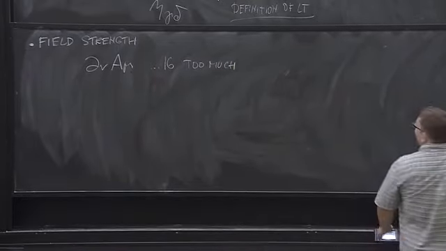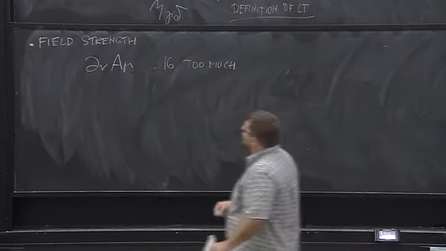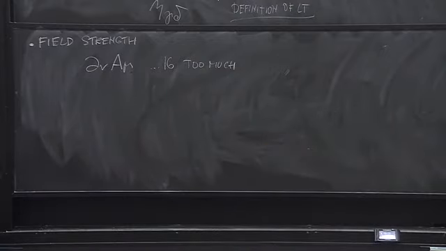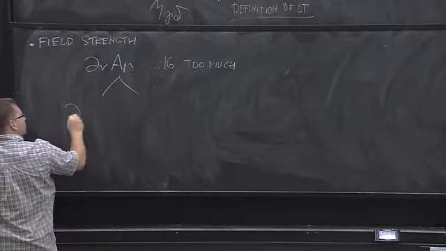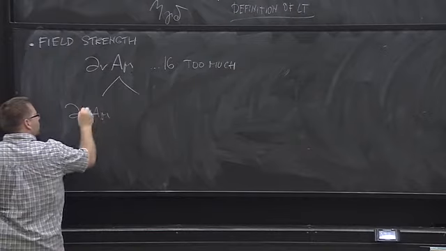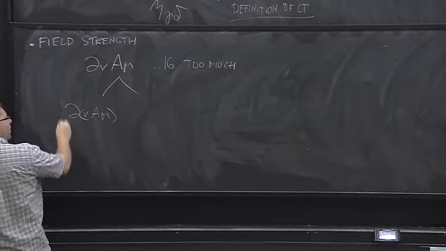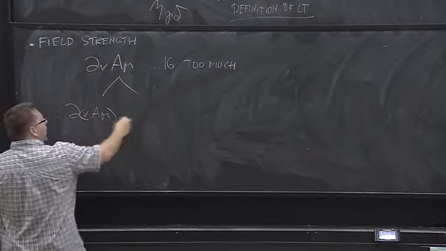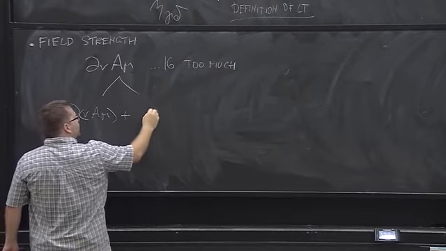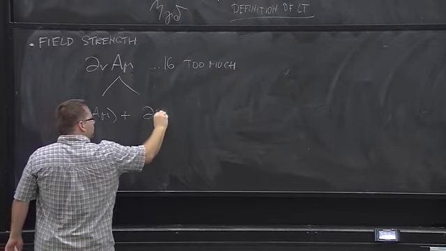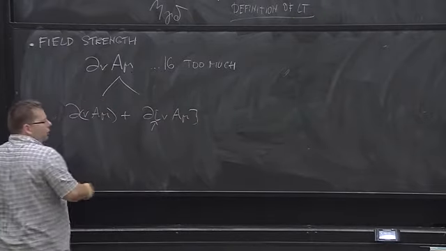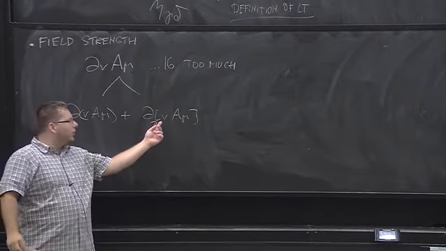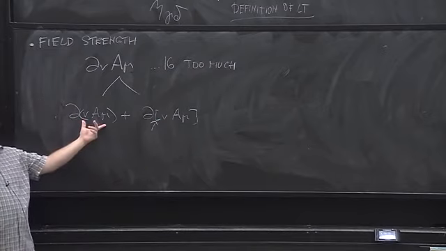However, you can decompose this into something which is symmetric and something which is antisymmetric. So now I decompose this into the symmetric part, d nu A mu, and the antisymmetric part, d nu A mu. So this is the antisymmetrization. I'll use this bracket here for antisymmetrization, and this normal bracket for symmetrization.